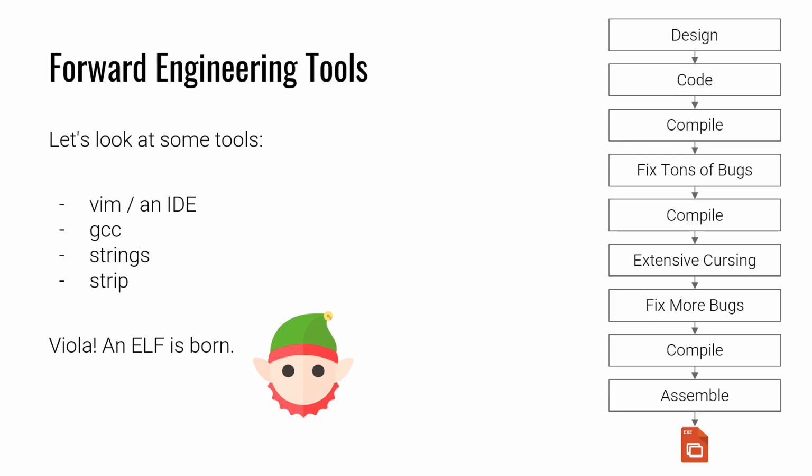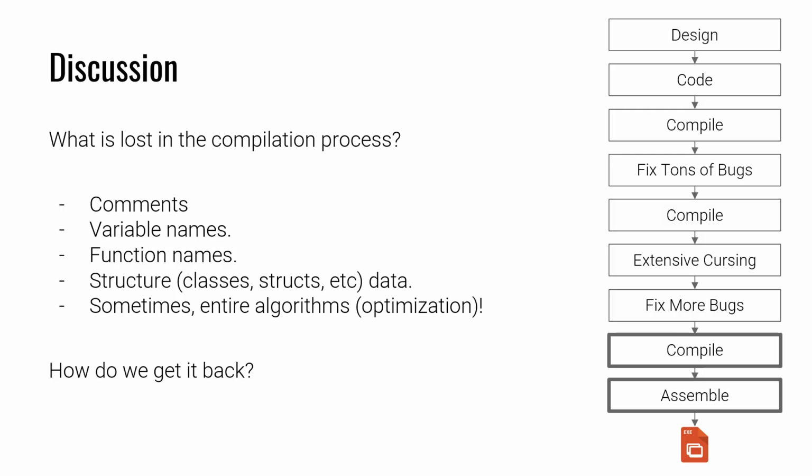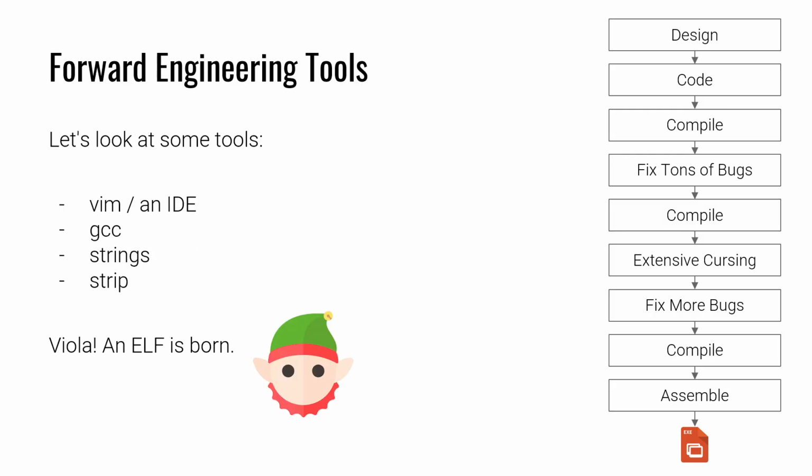Then we have strings, a utility for extracting human readable strings from binaries. And then we have strip, which is used for optimization, to remove data like the variables and functions. Strip can ensure that you reduce the size of your binary to have it in a small environment.